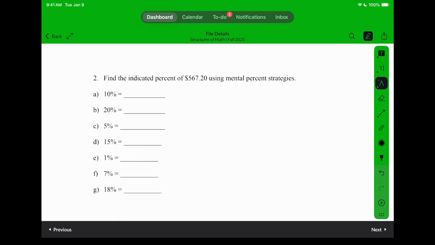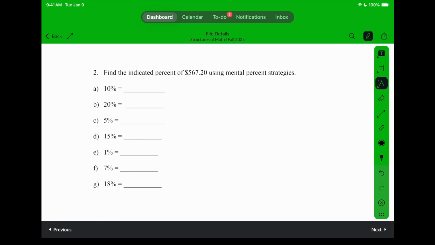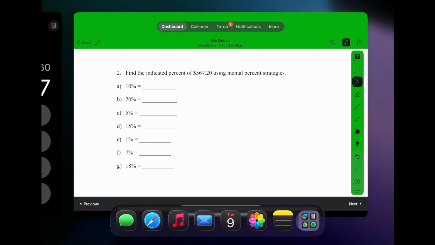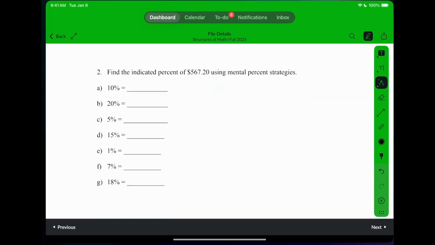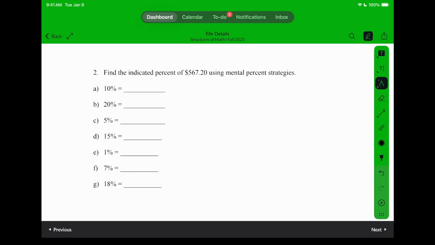The second part is the actual percentages, but we are not going to be using the calculator. We're actually going to close the calculator. No calculator. We're going to use mental percent strategies. And we can also write some work on the sheet if we want.